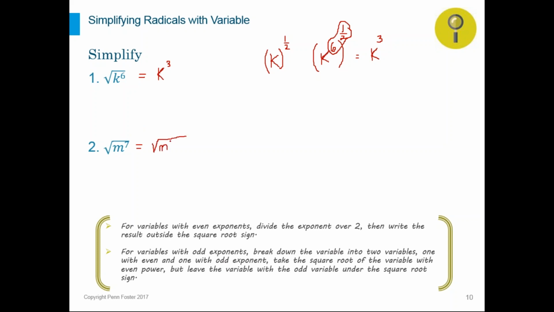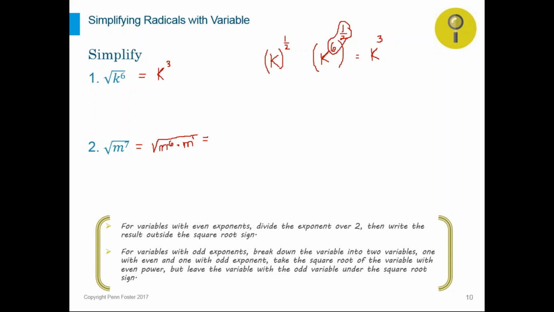Well, m to the 6th power times m to the 1st power is actually equivalent to m to the 7th power. Remember, again, in webinar 1, when we used to multiply same variables raised to different powers, we used to add the powers. 6 and 1 will give you back the 7, which is the power here in our question.